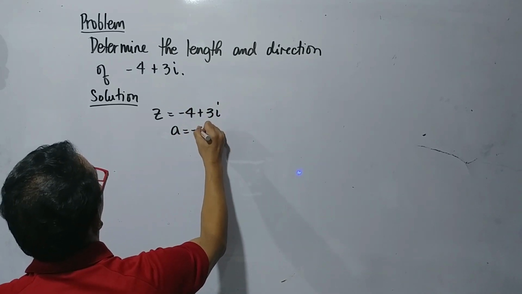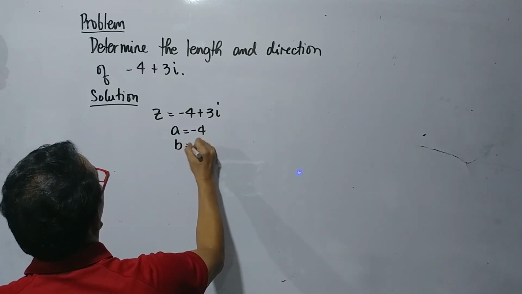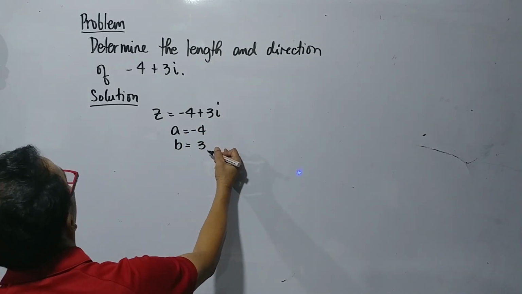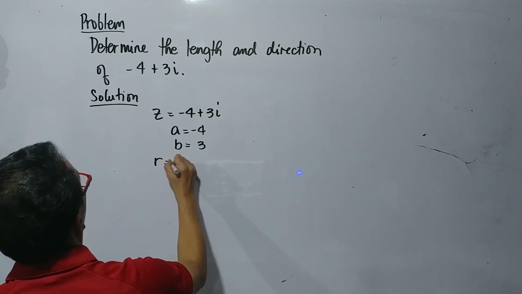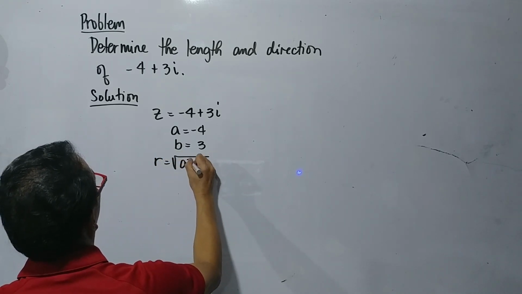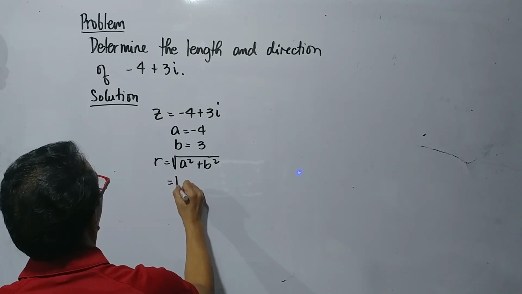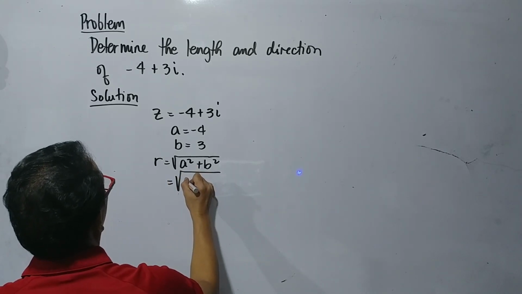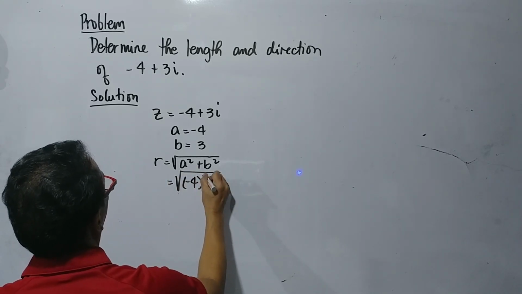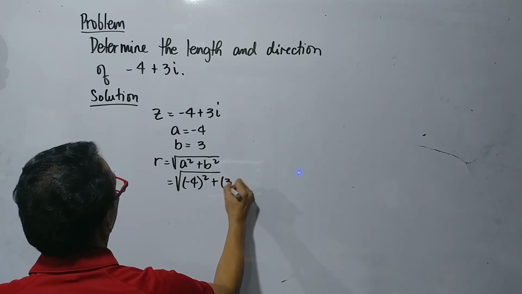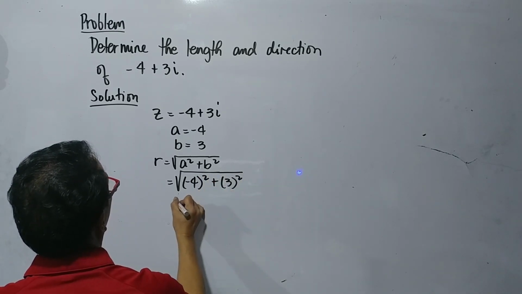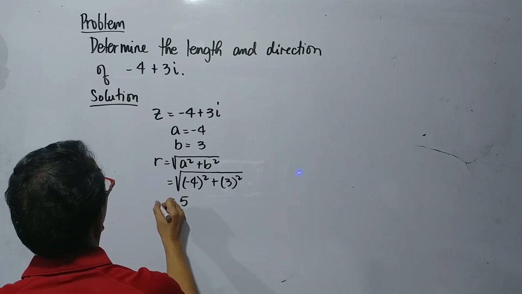Our a is negative 4 and b is 3. Our r equals the square root of a squared plus b squared. So we have now negative 4 squared plus 3 squared, or we have 5.